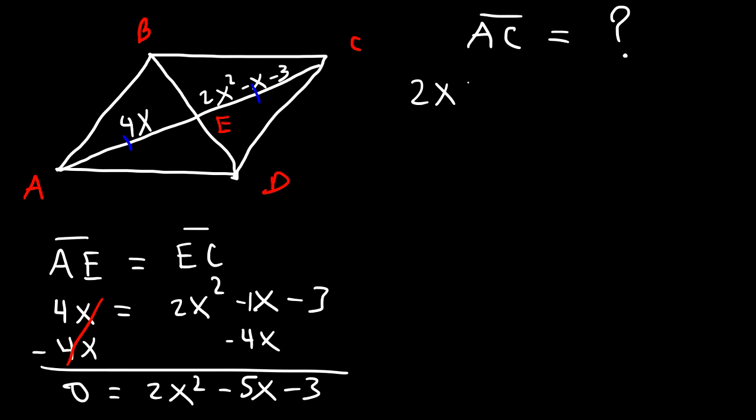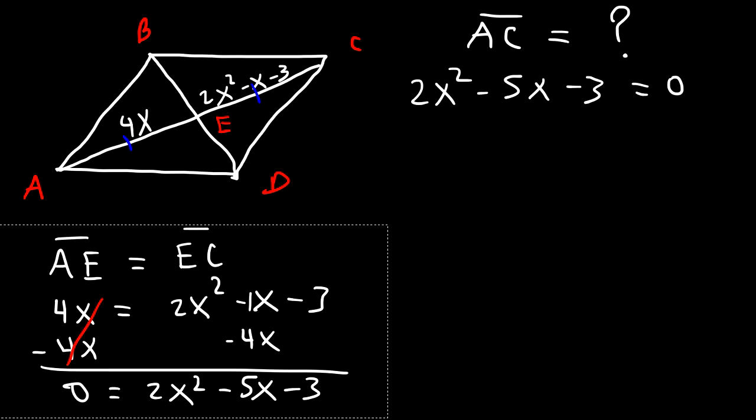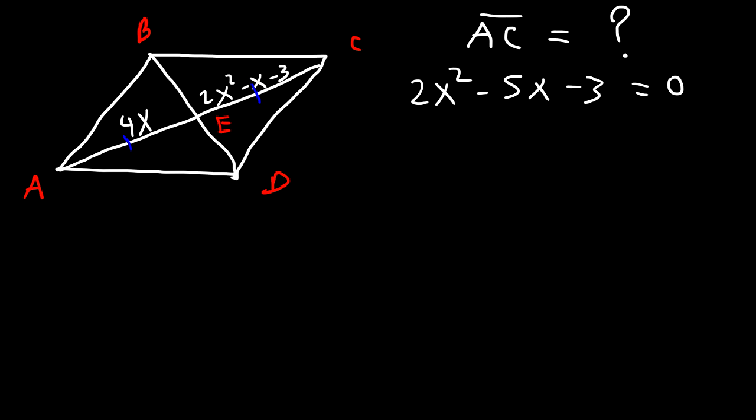And so we have this expression. So how can we factor 2x squared minus 5x minus 3? So notice that we have a trinomial where the leading coefficient is not 1. So what do we need to do in this case? The first thing you need to do is multiply the leading coefficient by the constant term. So 2 times negative 3 is negative 6.